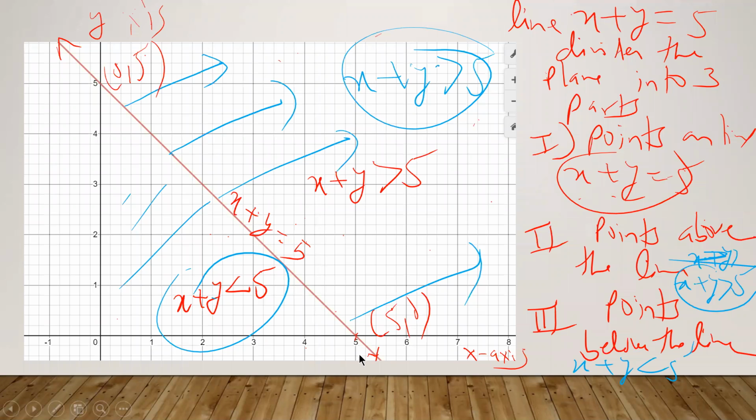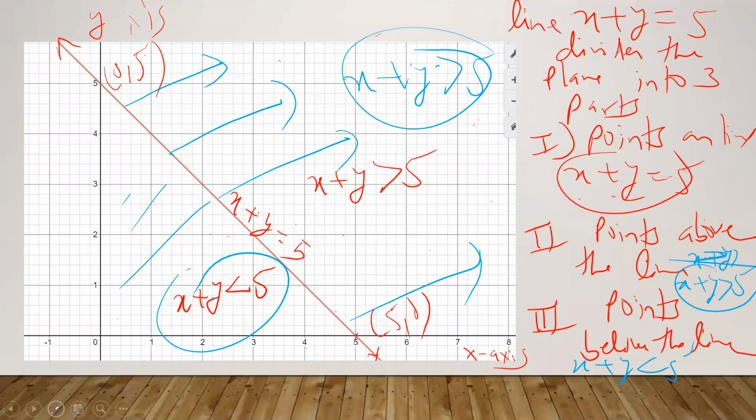Now look at this line. This line divides the entire plane into three parts. What are these 3 parts? First, the points on the plane which lie on the line. Second, the points which lie above the line, this portion, which I have denoted by blue arrows.